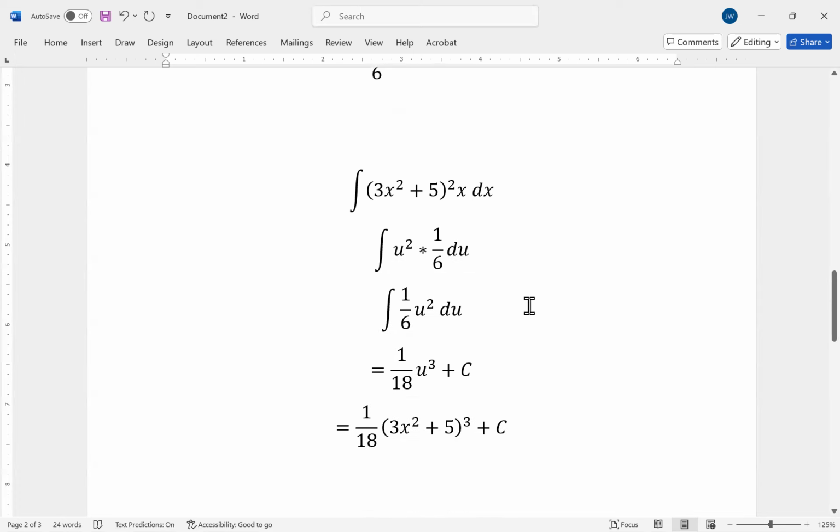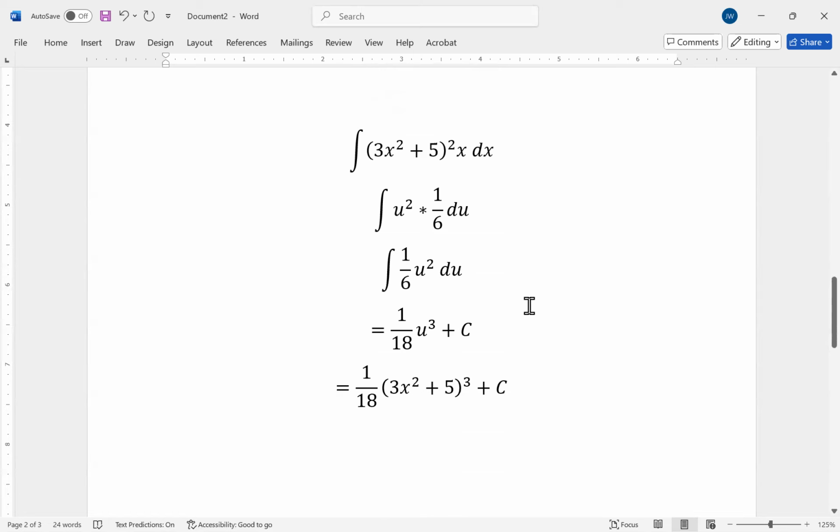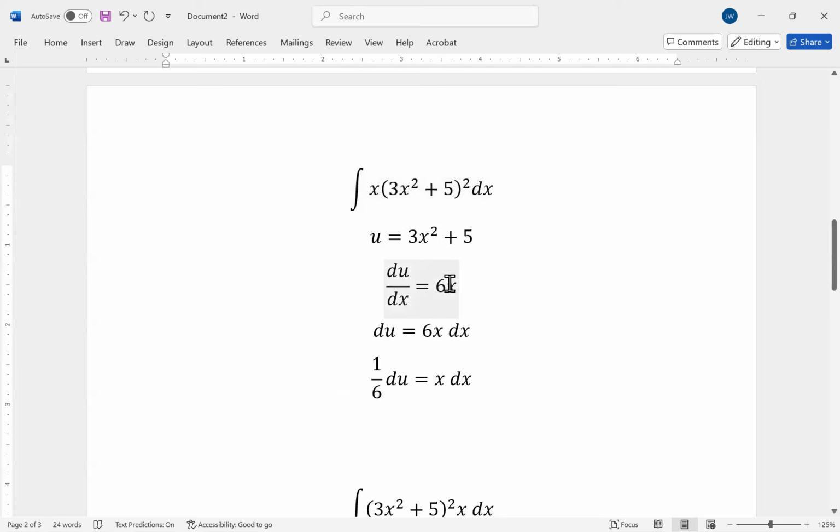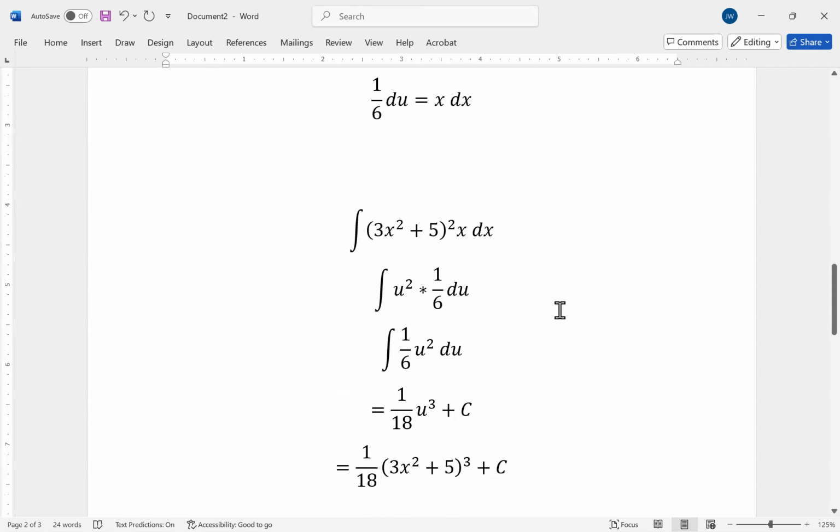Sometimes it's easier to just leave the number in. Sometimes it's the same. Sometimes it's easier to divide. Sometimes it's easier to factor that coefficient. Sometimes it's easier to divide down here. You'll get the same answer either way, though.